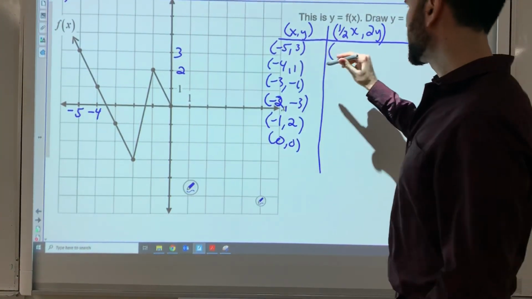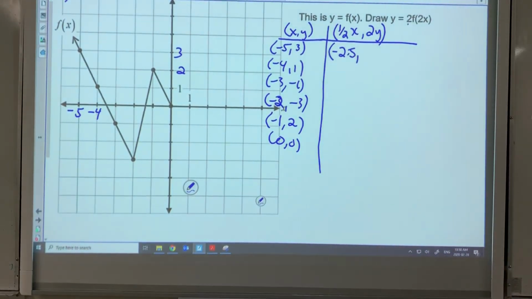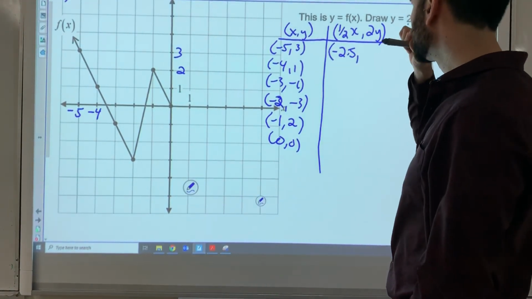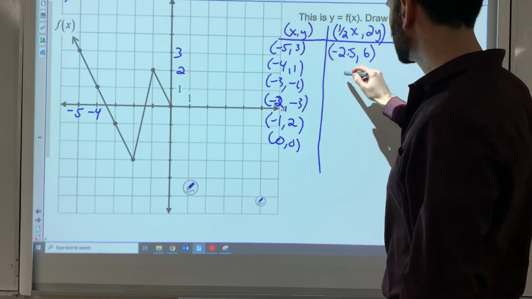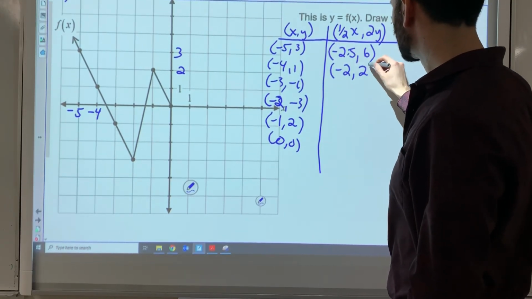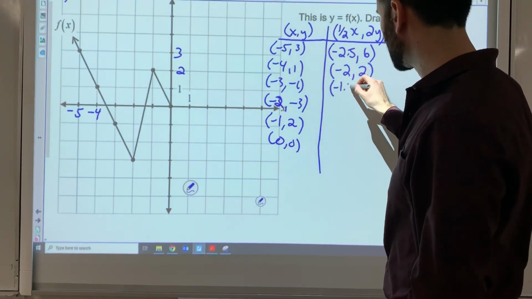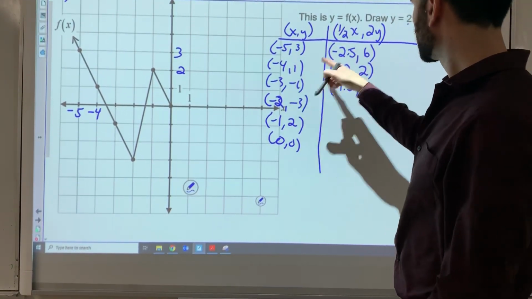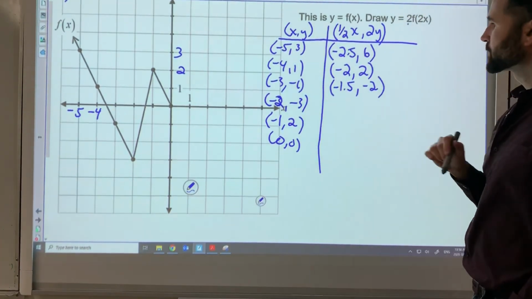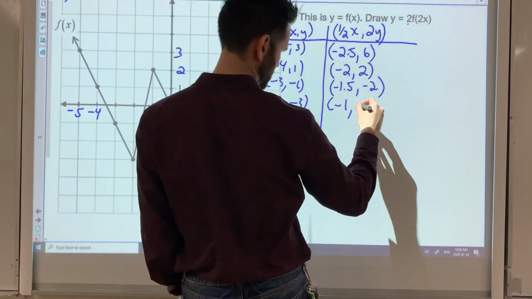Now, when I divide -5 by 2, I'm just going to write -2.5. That's okay. It's going to be easier for me to draw that, rather than having -5 over 2. And then I'm going to have 6 for Y. This one I'm going to have -2, 2 for Y. Then -3 times that gives me -1.5, and -2 times -1 gives me -2. -2 times 1/2 gives me -1. -3 times that gives me -6.